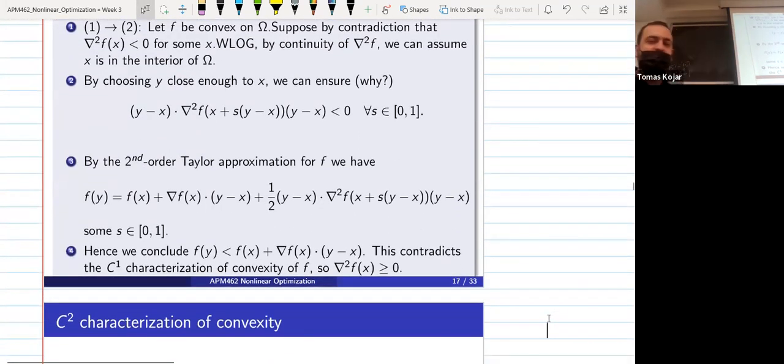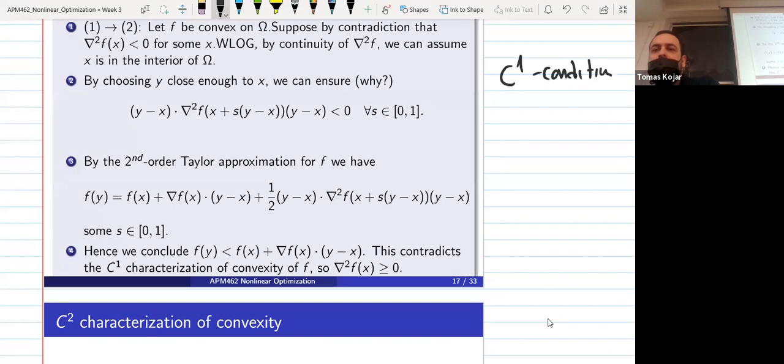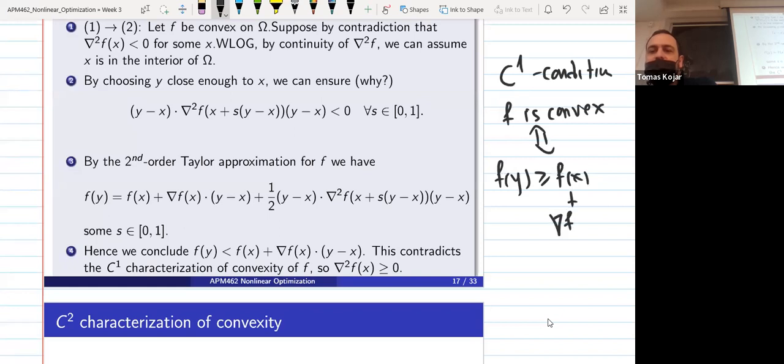Sorry. So we got this, but then this is what we just talked about. Remember we had this C1 condition that said that f is convex if and only if the tangent plane is below it. So f of y is bigger than f of x plus the gradient dotted with y minus x. So we broke the C1 characterization.